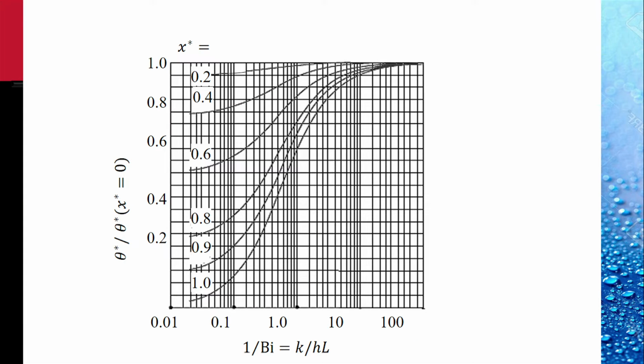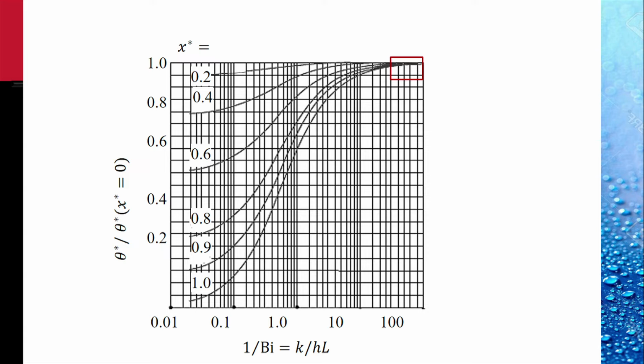These, of course, are corrected by the position correction chart. For different values of x star, the correction factor theta star divided by theta star at the midplane for various values of Biot number.